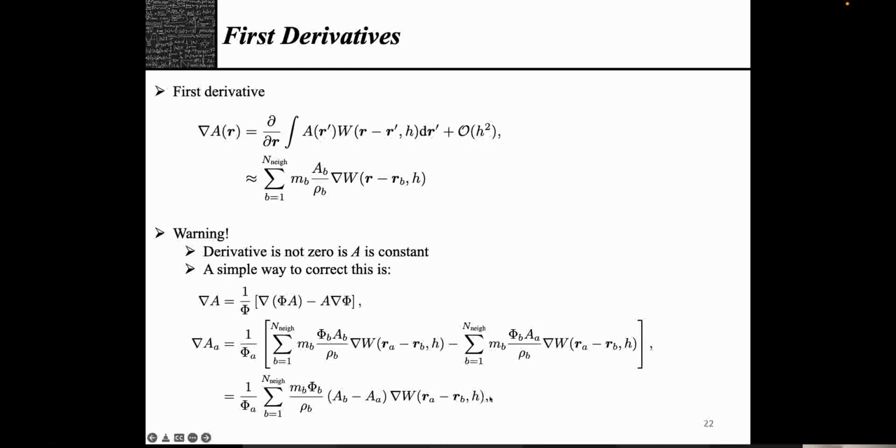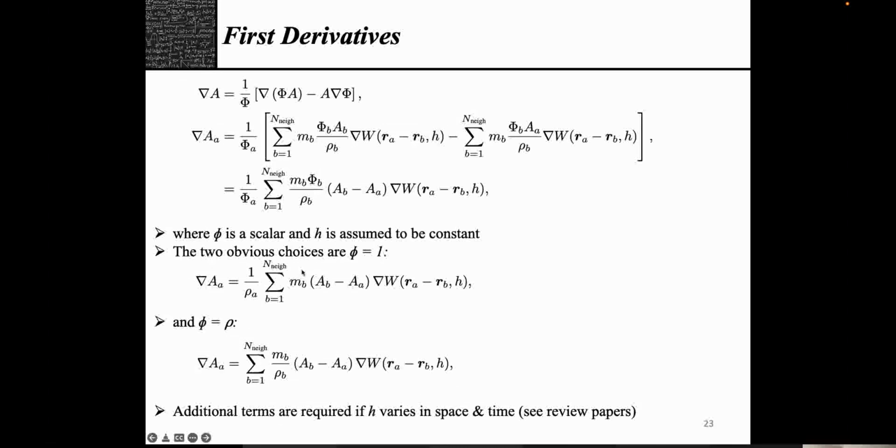And now what we have is a new derivative where if a and b are the same, this term goes to 0. So suddenly we now have a new expression where if your value of a is constant, so is the derivative. And now we have more or less recovered exactly what it is we need to recover for the numerics to match the analytics.